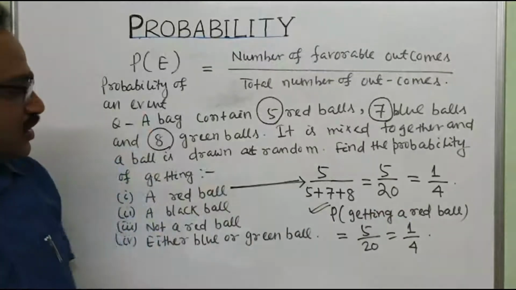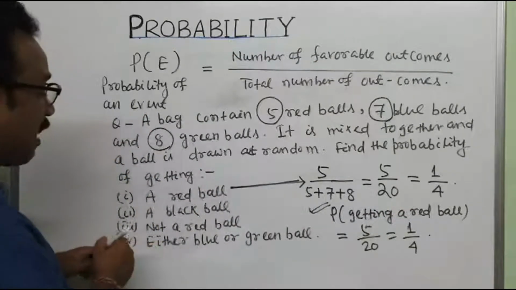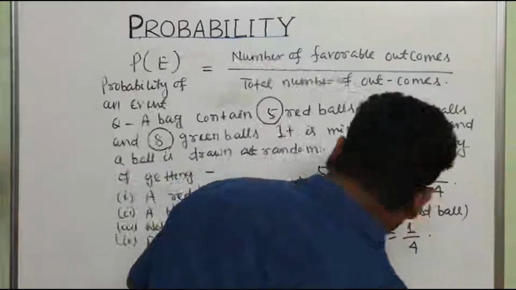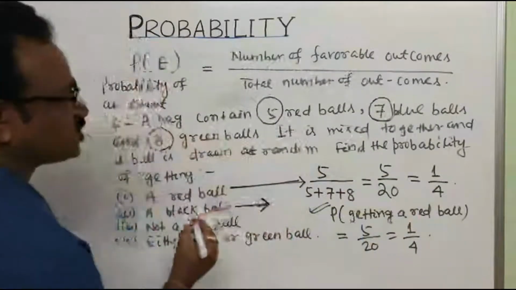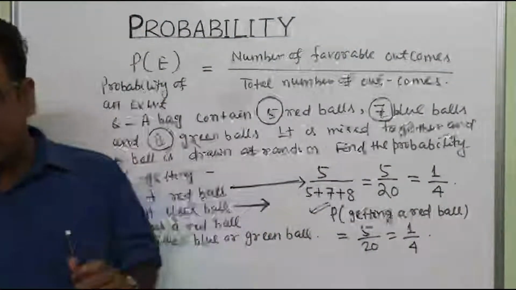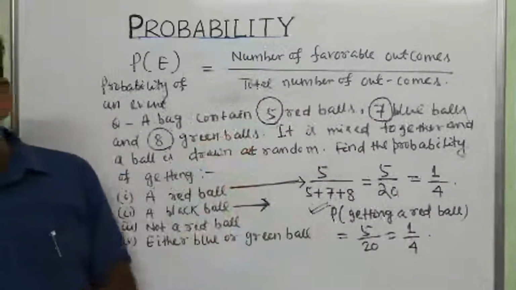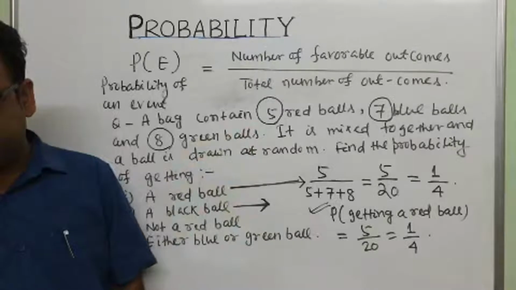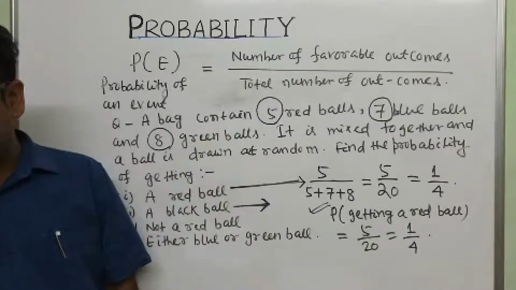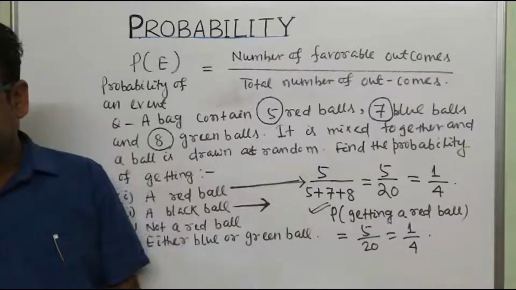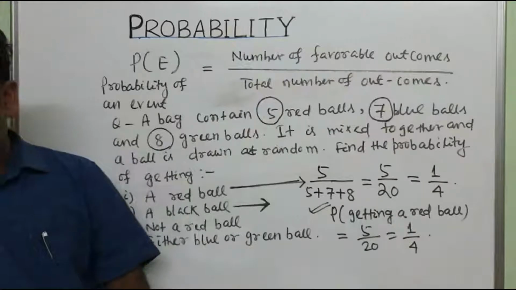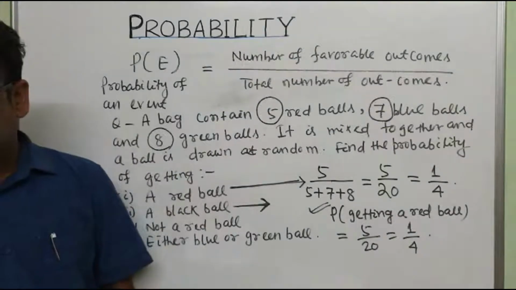Very good. Now, the probability of getting a black ball. So is there any black ball? See, black ball. Give your comment. Yes, 0. Very good, Swapna, Sarit, Bunty, your answer is 0.